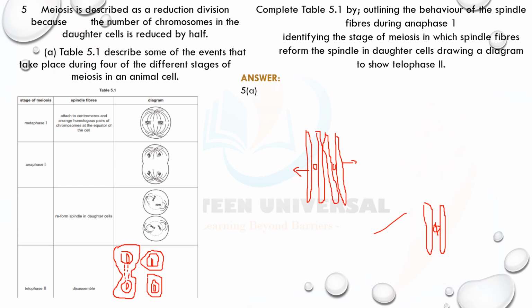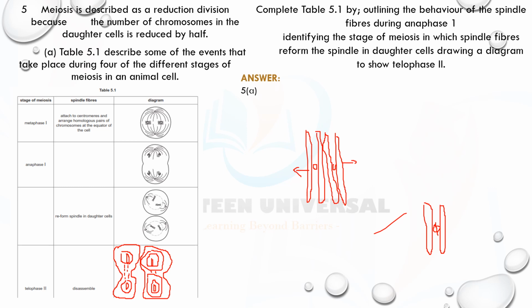Look, a similar thing is done here. Because this is an animal cell, the cleavage furrow starts forming. That's invagination of the cell membrane. So you can see the spindle start disintegrating.